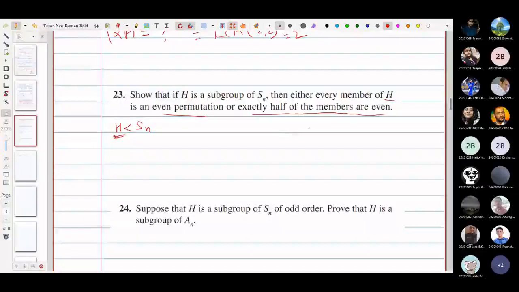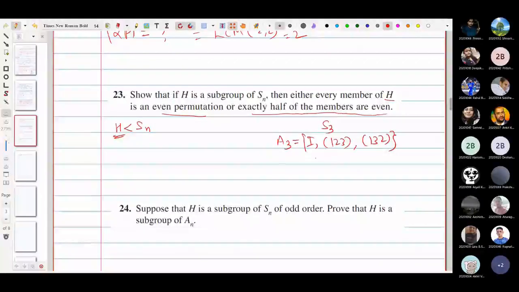For example, if you take S3, in S3 we have A3 as a subgroup. So in A3 we have the identity, because A3 is the collection of all even permutations in S3. The other permutations are (1 2 3) and (1 3 2).